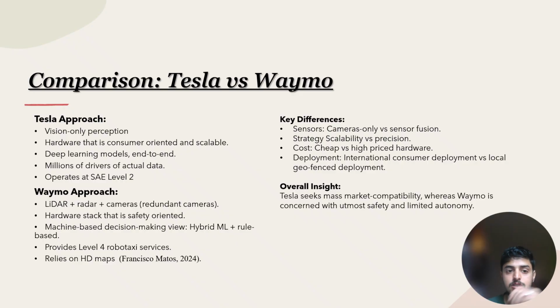Now you guys see the comparison between the Tesla and Waymo. You already know the Tesla approach and Waymo approach, but the key difference are sensor: camera only versus sensor fusion; strategy: scalability versus precision; cost: cheap versus high priced hardware; development: international consumer development versus local geo-fenced development. Overall, Tesla seek mass market compatibility, whereas Waymo is concerned with the utmost safety and limited autonomy.